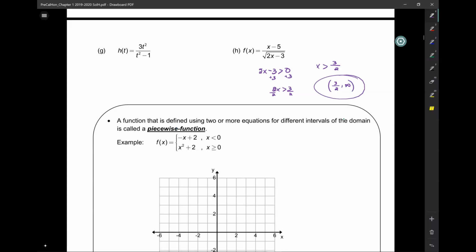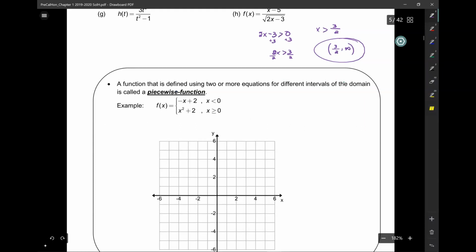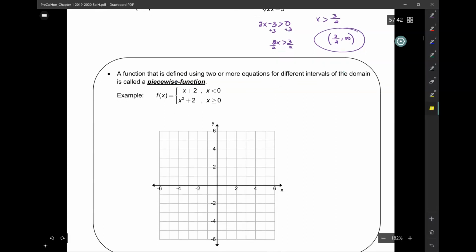Okay. So, did you guys do piecewise functions last year? A little? Okay, let's do this. A piecewise function is literally a function that's broken into pieces. By definition, it's defined using two or more equations for different intervals of the domain.